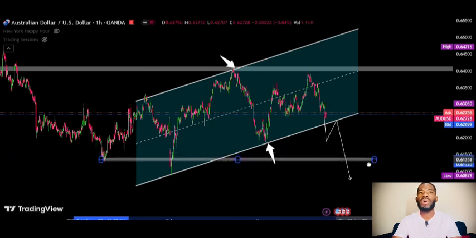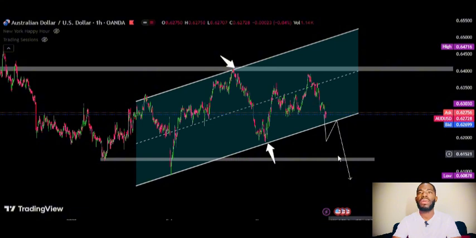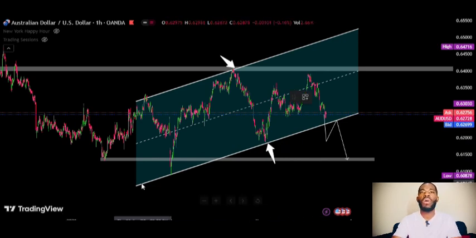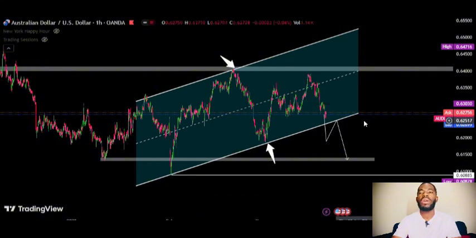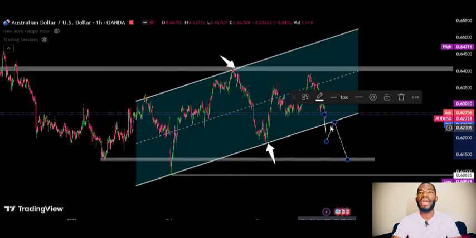This is a previous support area here. So this would be one of our targets. This is our first target, and then our second target would be down here. So this is what you'd be looking at, but always wait for a retest around this point here.